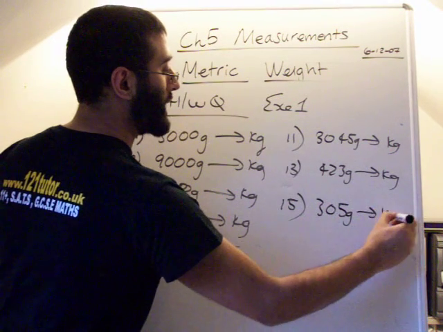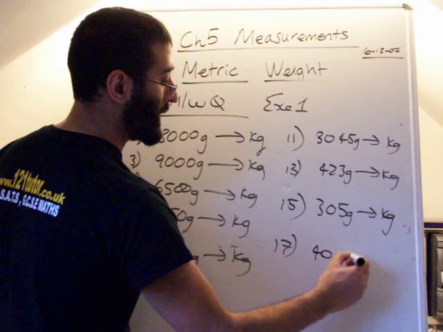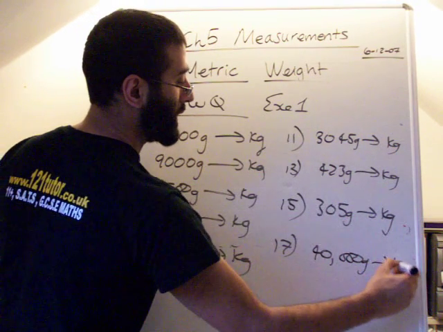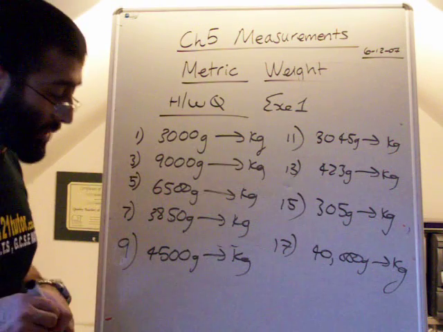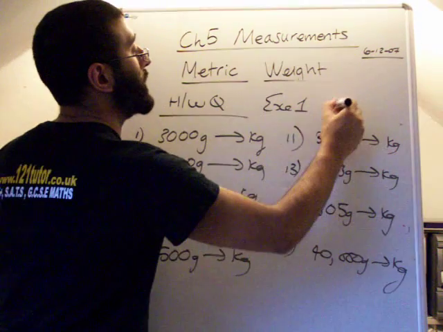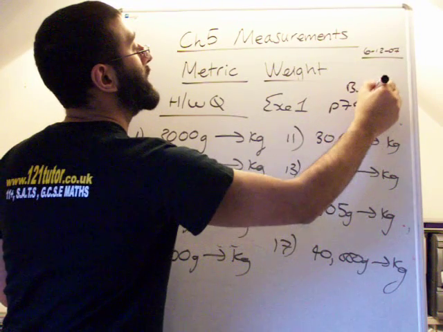Change that to kilograms. And then we have number 17, which is 40,000 grams. Change that to kilograms. Okay, so the homework questions are exercise 1, page 74, 75, the basic skills.